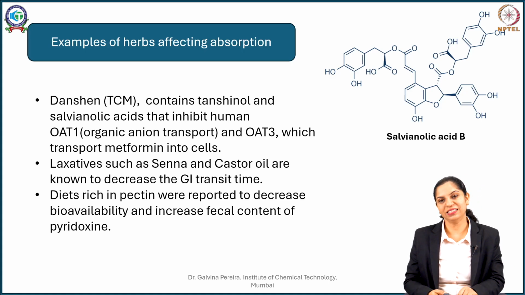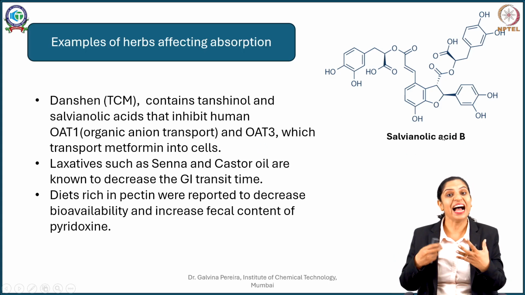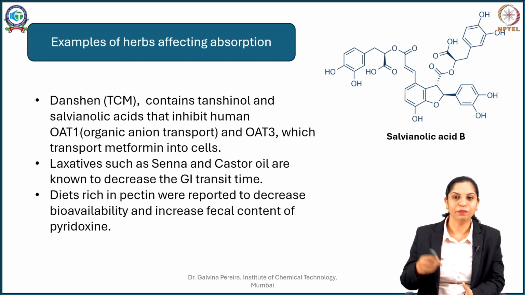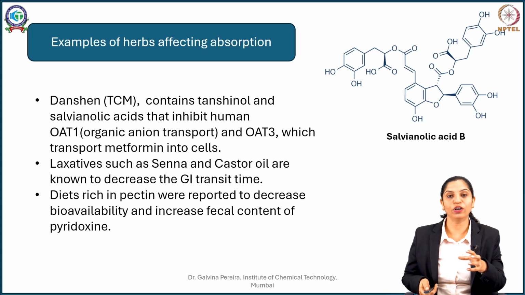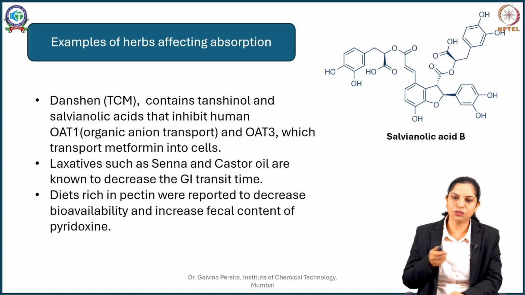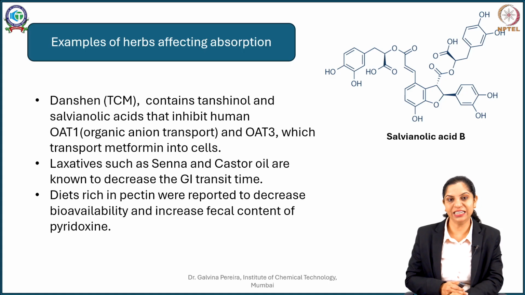This is a group of acids; for example, one of them is salvianolic acid B, which is essentially an acidic polyphenolic compound. Because it is an acidic polyphenolic compound, it has a lot of anionic, negative charges. So this molecule will bind to what are called anionic transporters.